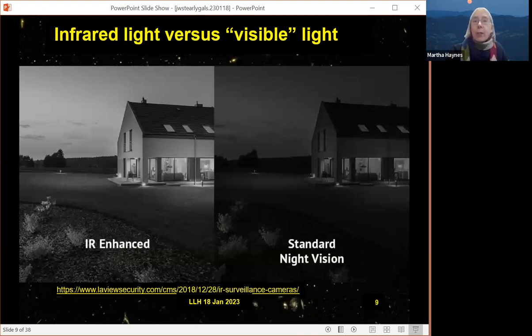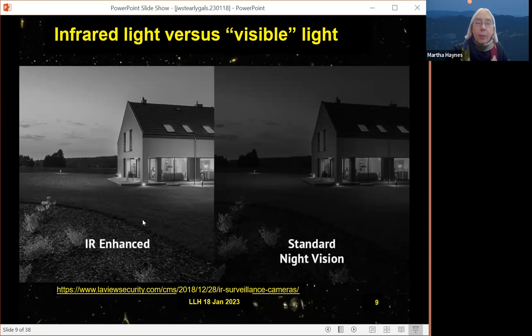So here's an image of what you see with standard night vision in the visible wavelengths. But in the infrared, you can actually see more features that don't show up in the visible part of the spectrum. And so this is what we want to target.